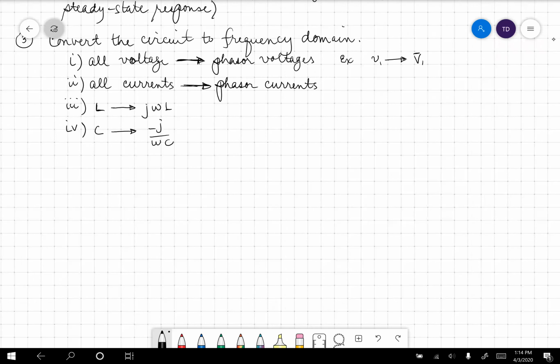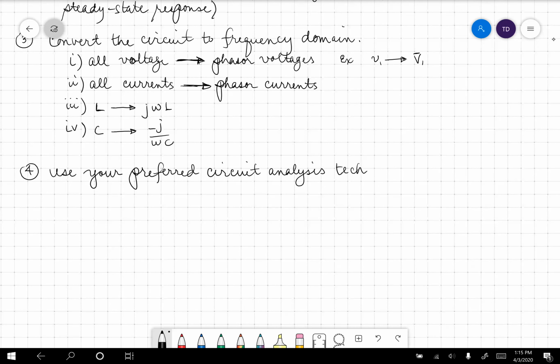Now, once we've converted the circuit, use your preferred circuit analysis technique to solve for the desired result.